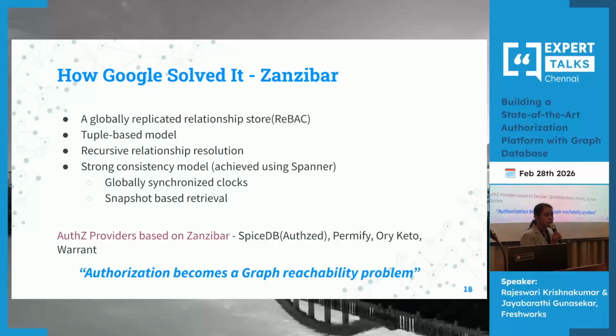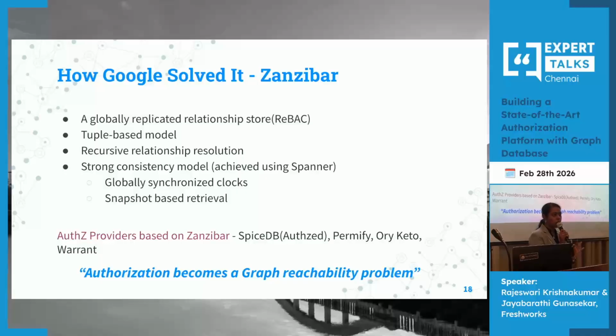Google has solved it using a relationship-based access control model as the base, and they have developed a globally distributed, consistent database in order to solve this use case. They have published their solution as a white paper, and that is called Zanzibar. So Zanzibar is a white paper that covers Google's authorization solution.